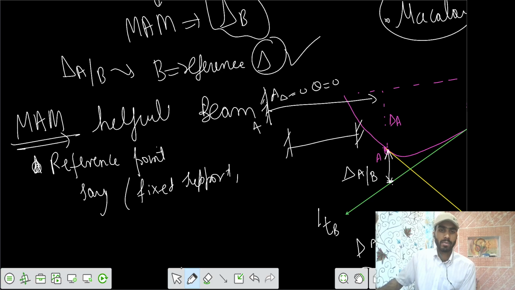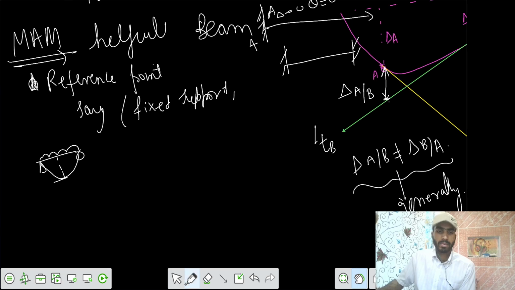The reference point can also be, say you had a UDL, the deflection profile is somewhat this way. We know that at the point where delta is maximum, theta is 0 there. So we can draw a tangent here also.